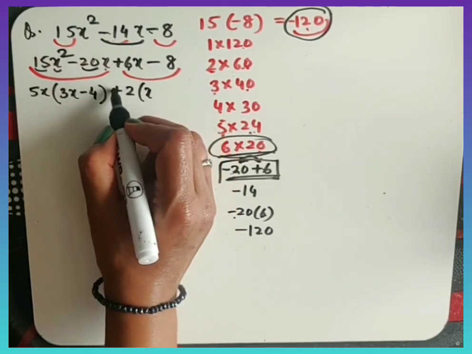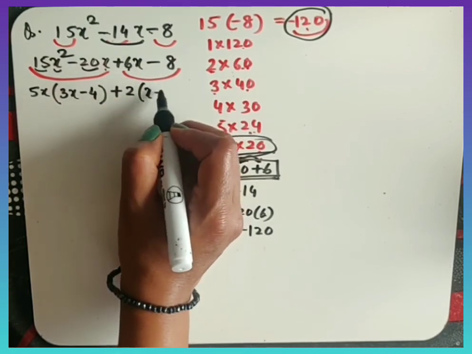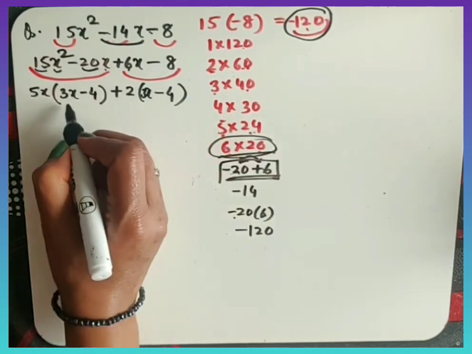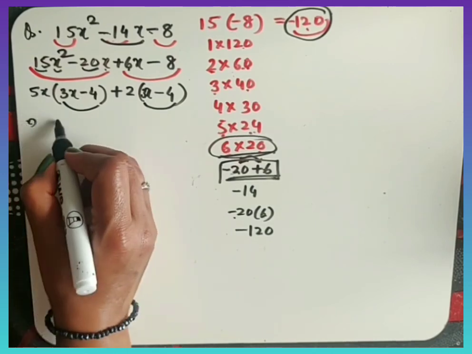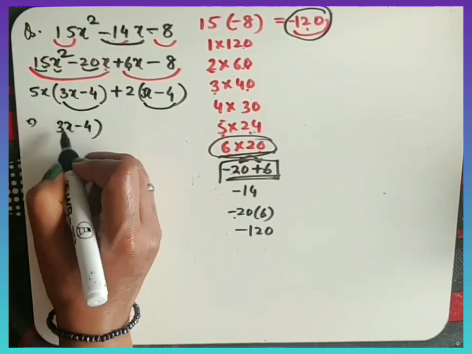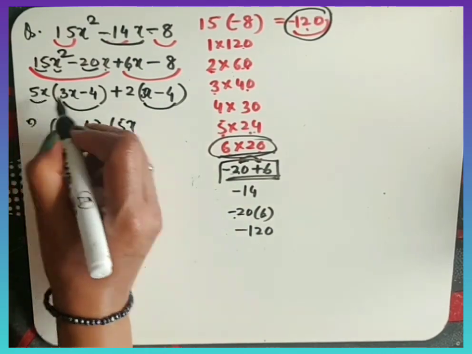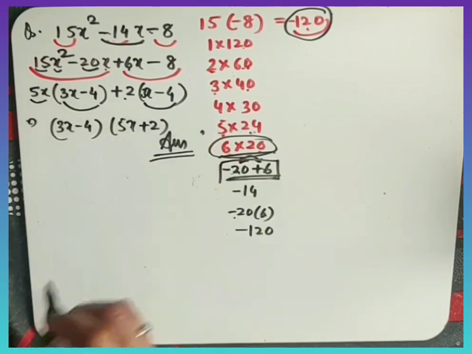When you take minus common, then you should change the sign. Here it will be 3x minus 4. See, 3x minus 4 and 3x minus 4, so it means I am doing it correctly. So 3x minus 4 is one factor, and the other factor is 5x plus 2. So this is the answer.